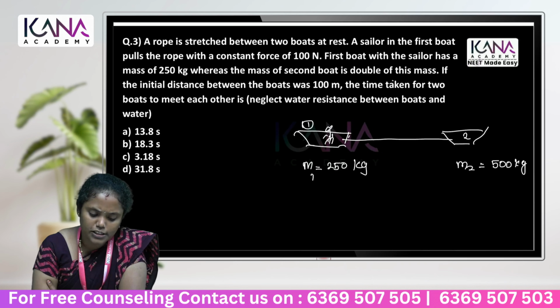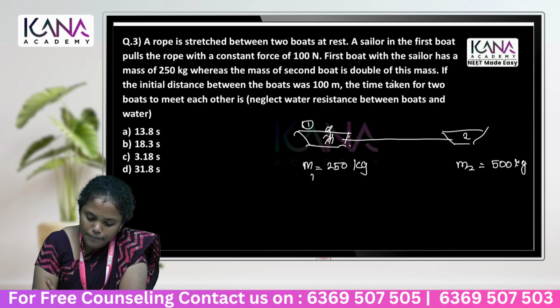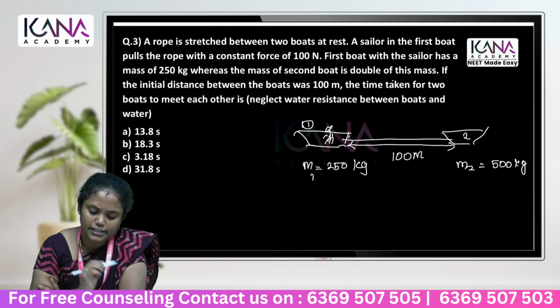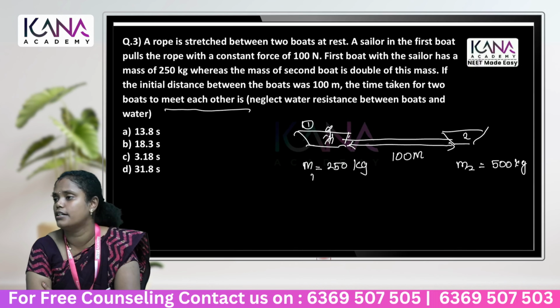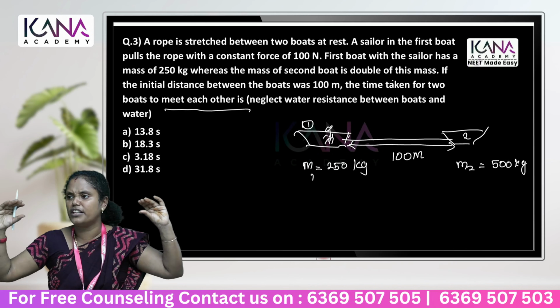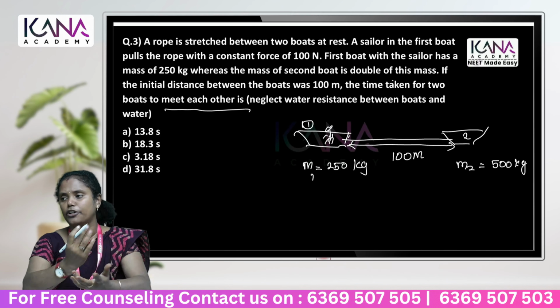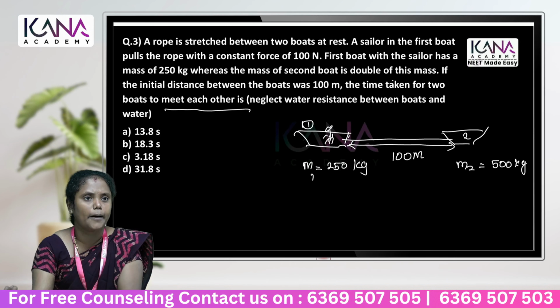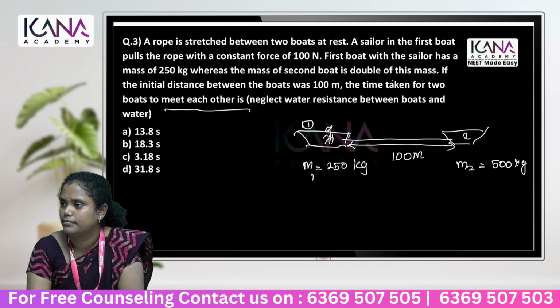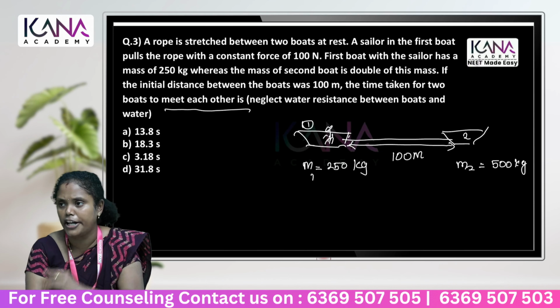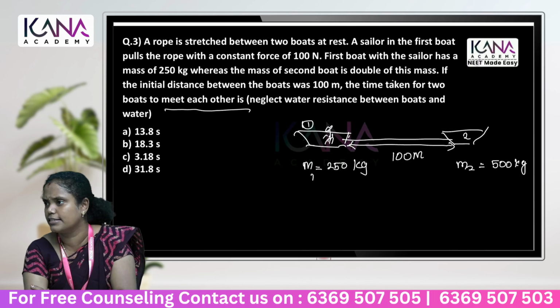Initially the distance between the boats was 100 meters. Find the time taken for the two boats to meet each other. They are moving in opposite directions under the force. Here, should we consider relative motion or not? Relative motion in one dimension.